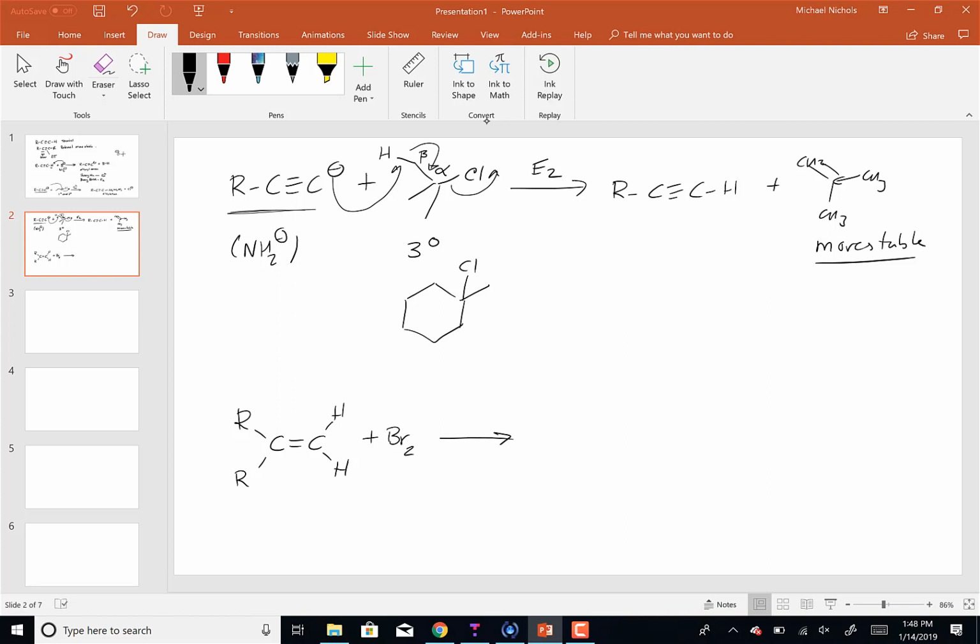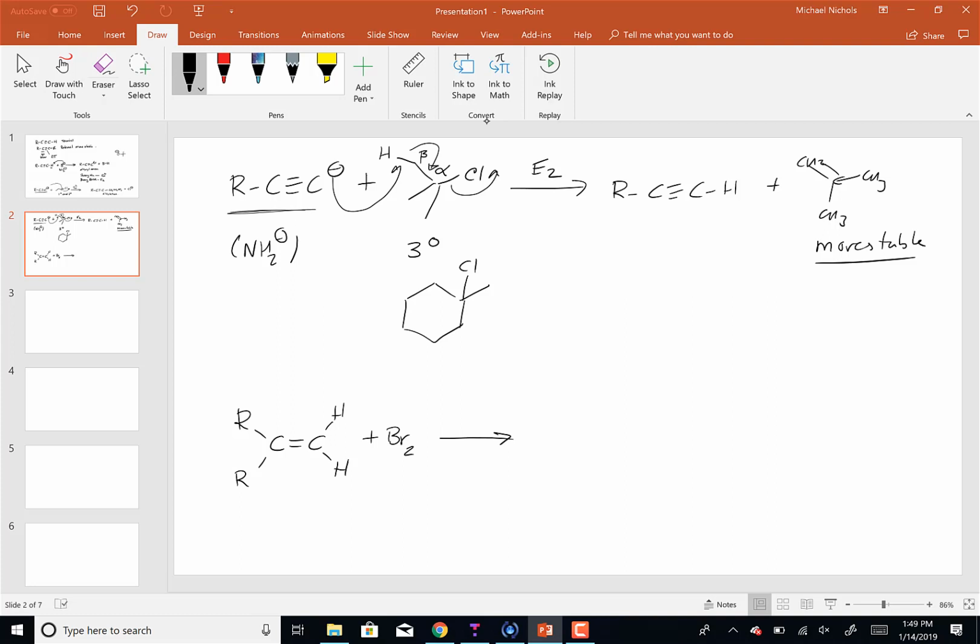So if we go back to last semester, when you add bromine to a double bond, okay, boy, this is going to probably give you nightmares. What do we add to the double bond? We add 2 bromines. How do we add them? Markovnikov or anti-Markovnikov? Doesn't matter because it's 2 bromines.